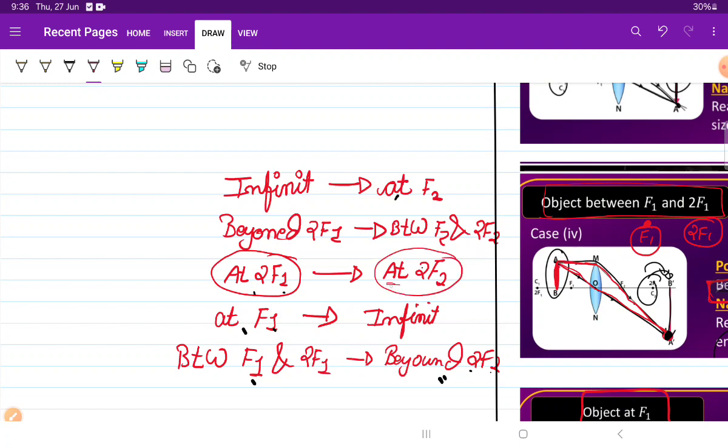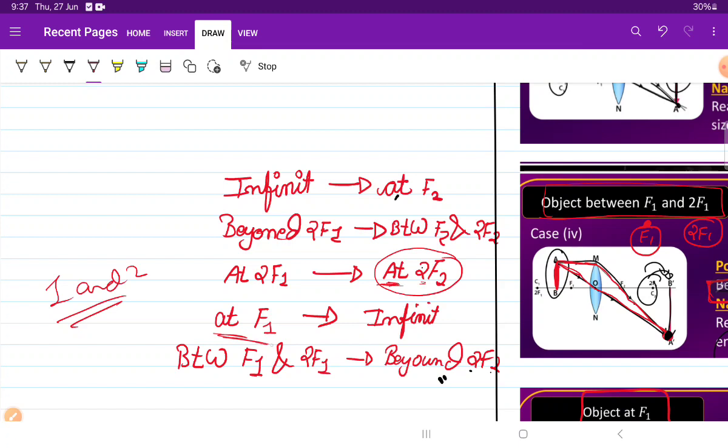But here the image will form at C on the other side, that means at 2F2. Just you have to remember in 1 and 2, and for that I have also one shortcut tree to remember. So don't worry, I am with a full planning to learn all the ray diagrams.